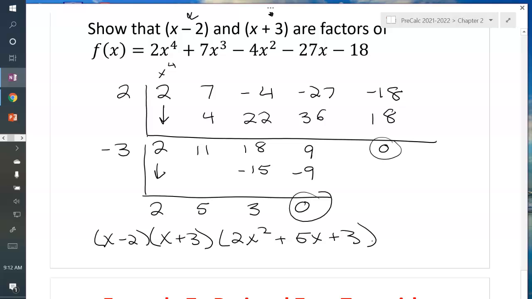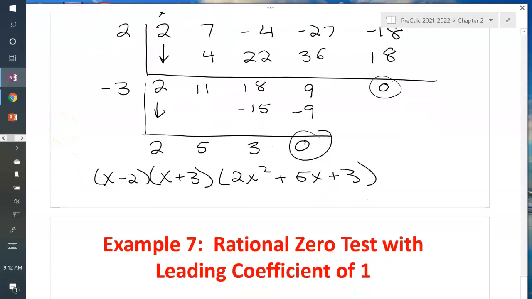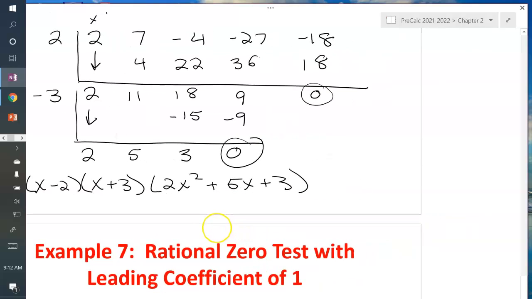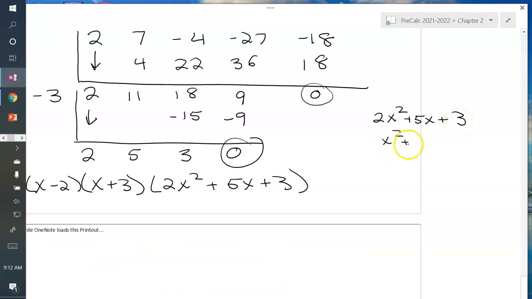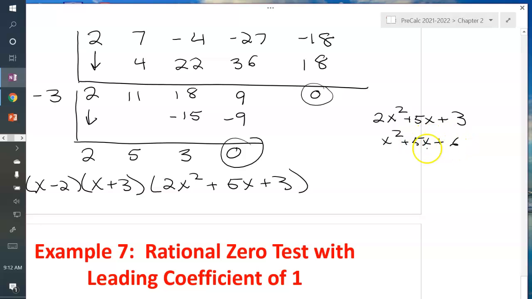If I wanted to, I could continue and factor it all the way. In fact, let's go ahead and do that. Let's factor this all the way. I'm going to slip and slide on this. So 2x squared plus 5x plus 3, flip the 2: x squared plus 5x plus 6.